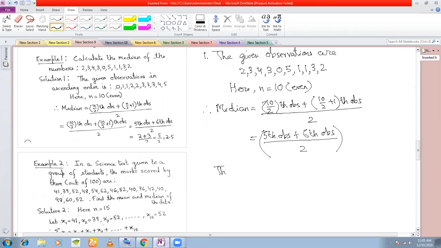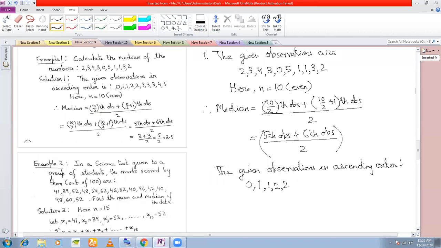So we arrange the given observations in ascending order: 0, 1, 1.